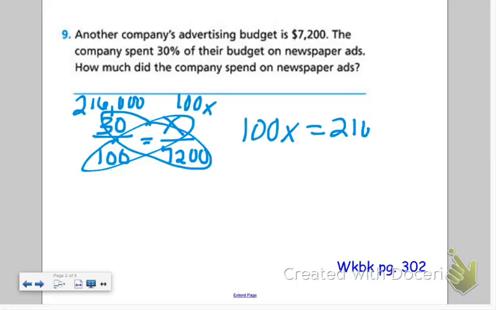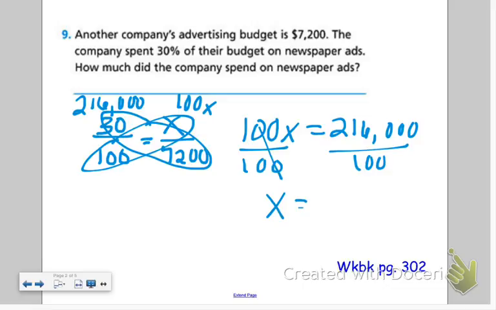So I'll put that on the other side of my equal sign. And then the last step is to, of course, solve for x. If I divide by 100, I can just cross off some zeros here, and I'm going to get $2,160. So $2,160 was spent on newspaper ads.